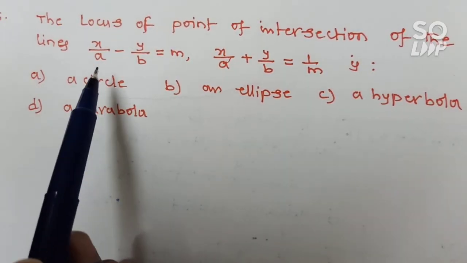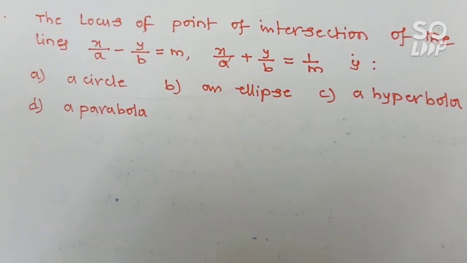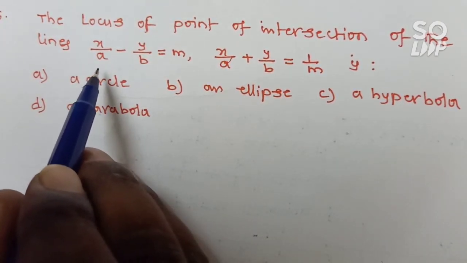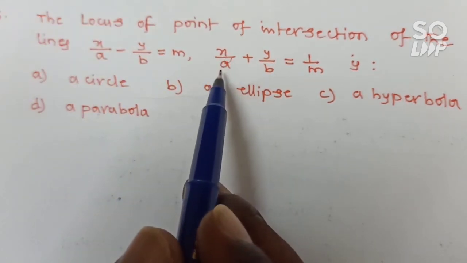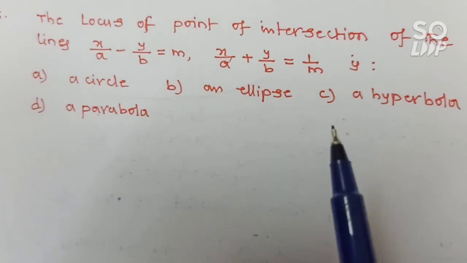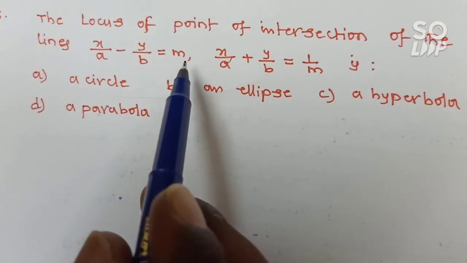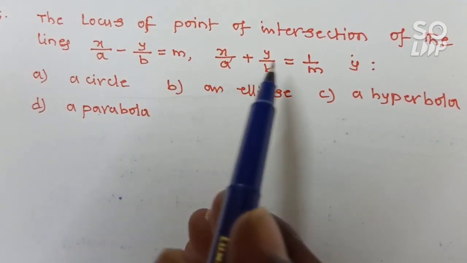In this question, the locus of the point of intersection of x by a minus y by b is equal to m and x by a plus y by b is equal to 1 by m. Locus of point of intersection means here m is the parameter.